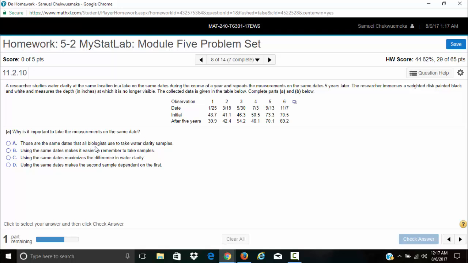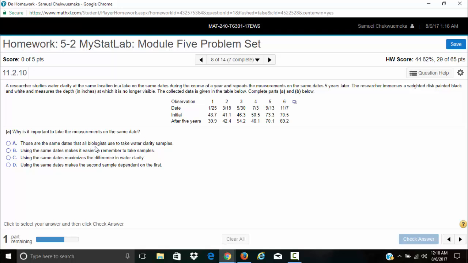Or you're looking for the same measurement, but you're doing it on different dates. You're going to use matched pairs data. And of course, like I said, if you're not given the population standard deviation, you have to use T-stats.